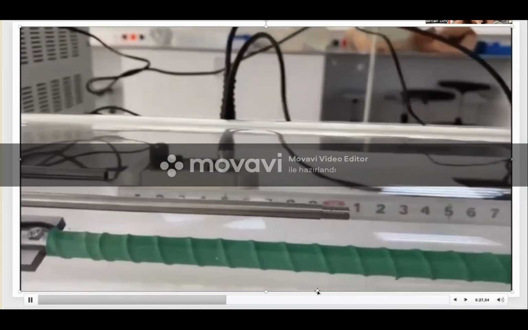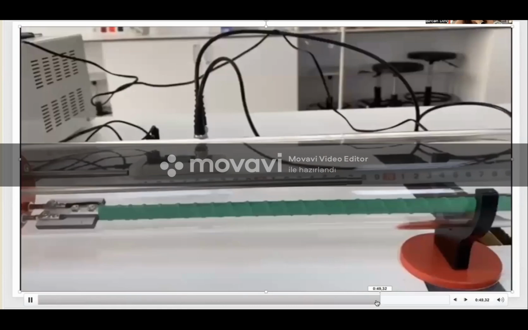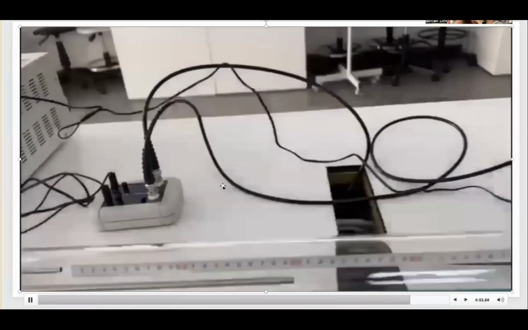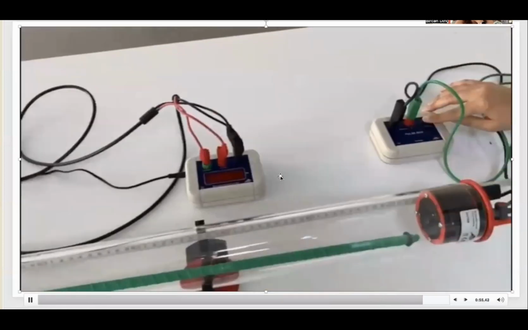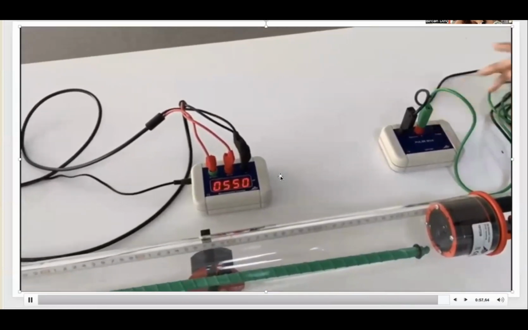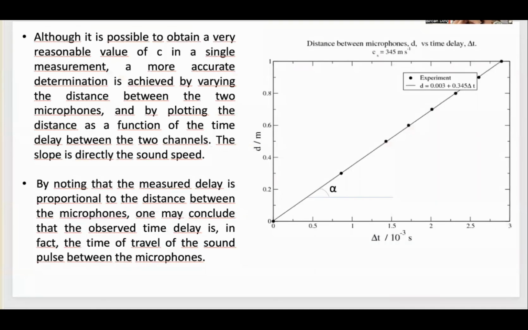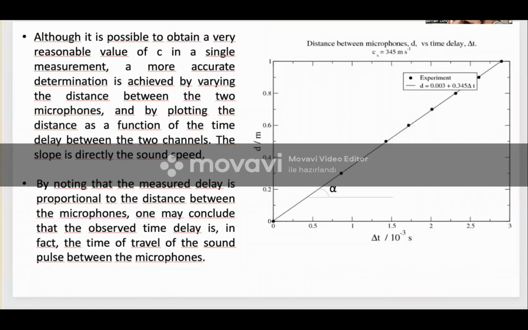So this is our experimental setup, where we will take measurements. As you see, we can change the probe distance, and according to it, we will take the time measurement again in seconds.